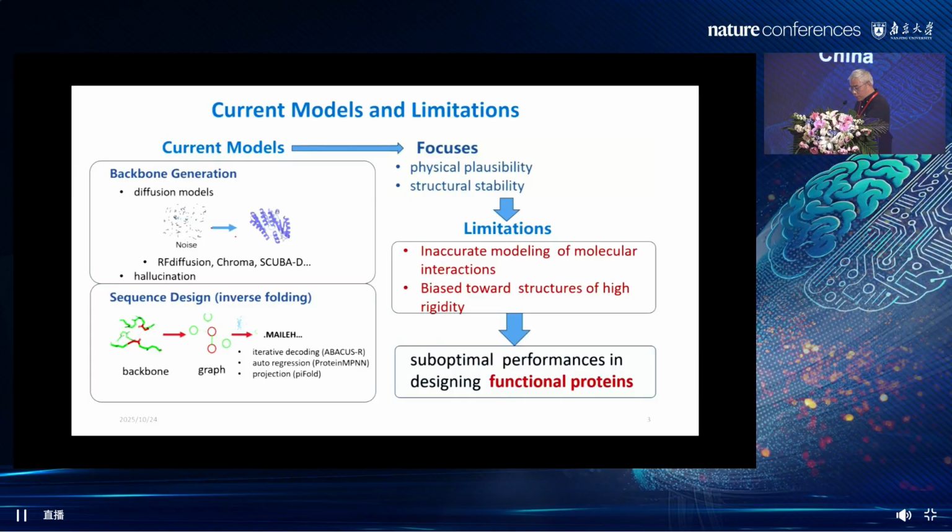And this gives limitations when people want to apply current methods to functional protein design because of accurate modeling of molecular interactions, which are very important for function. And also, we have seen that protein dynamics are also important for function. So they are biased towards structures of high rigidity. So this leads to suboptimal performance in designing functional proteins.